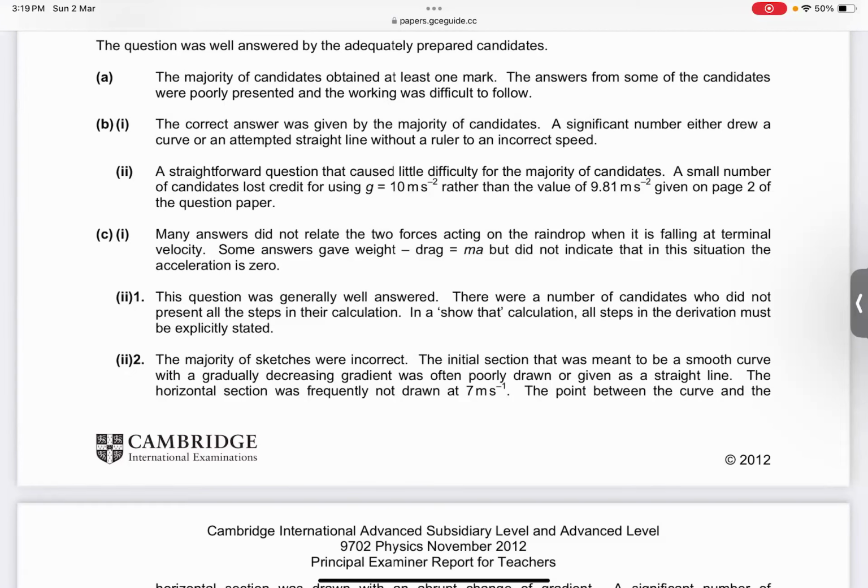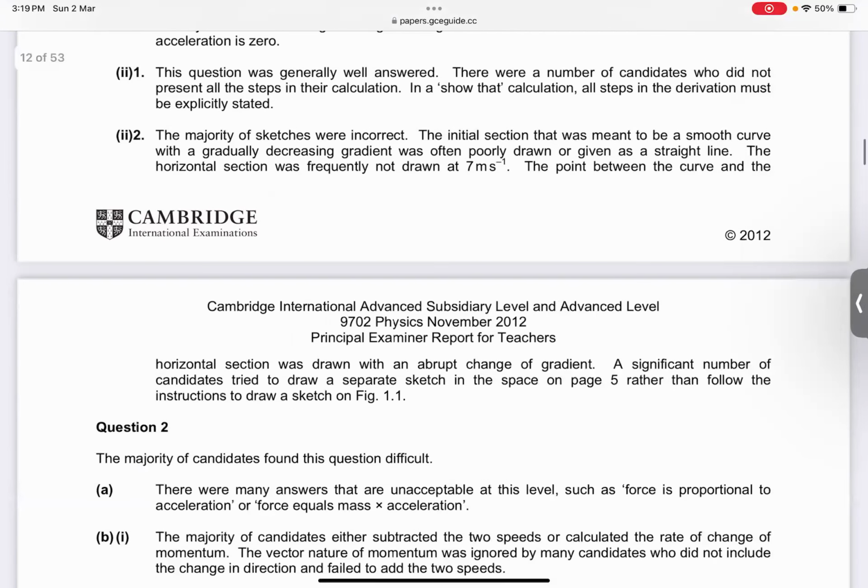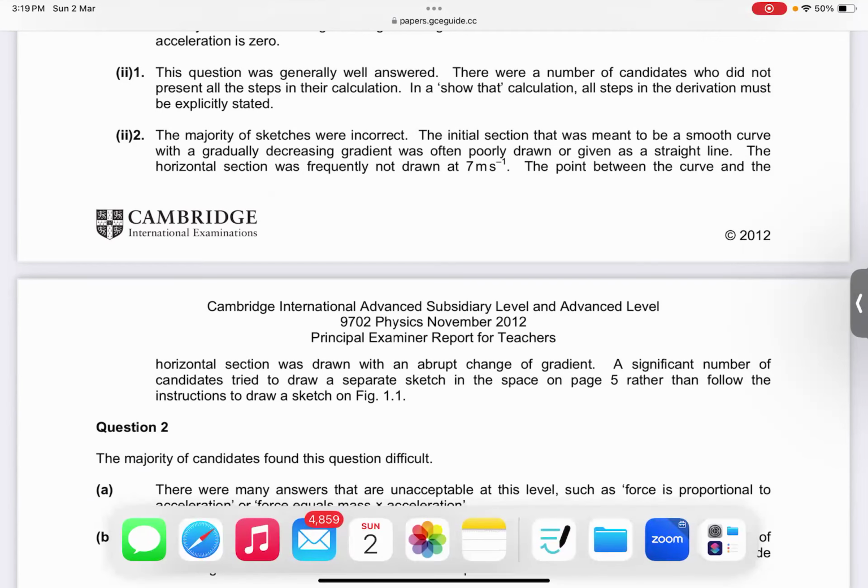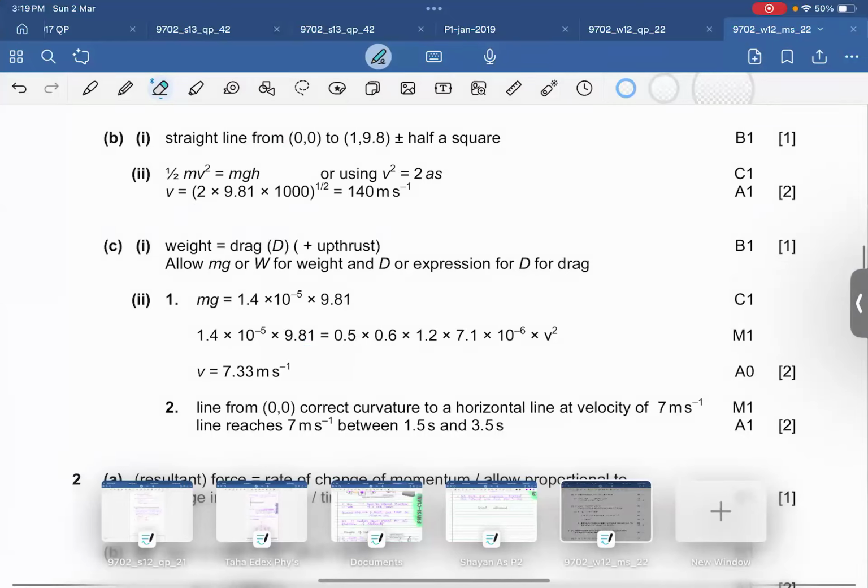So you have to show the decreasing gradient, because the gradient of the velocity-time graph shows you the acceleration. The horizontal section was frequently not drawn. The point between the curve and the horizontal section was drawn with an abrupt change of gradient. A significant number of candidates tried to draw separate sketches in the space on page 5 rather than follow the instruction to draw on the sketch. So these were the problems that students had in 2012.